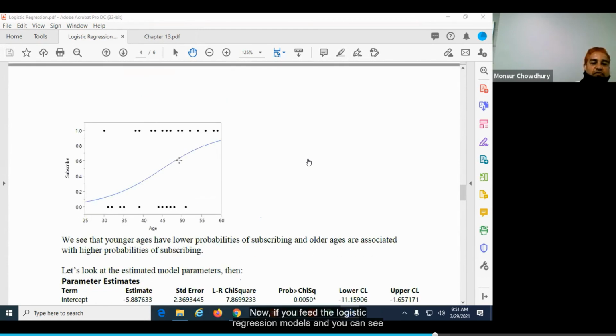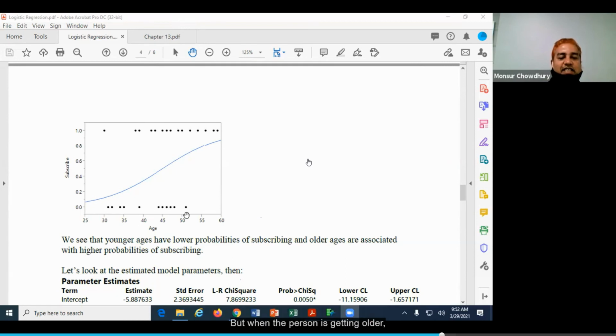Now, if you fit the logistic regression model, you can see that younger ages have lower probabilities of subscribing and older ages are associated with higher probability of subscribing. So when the person is younger, there is a lower chance that they will subscribe to a newspaper.